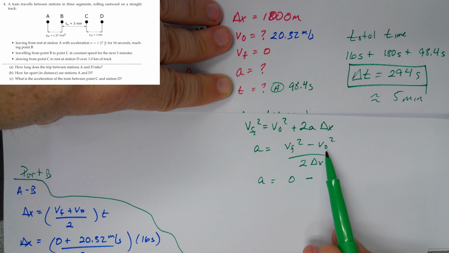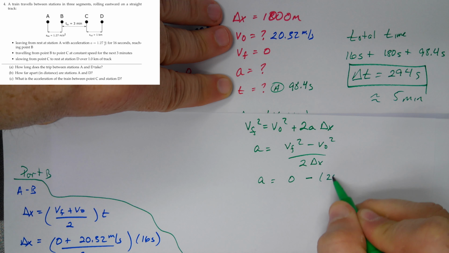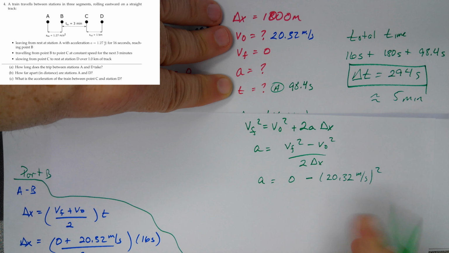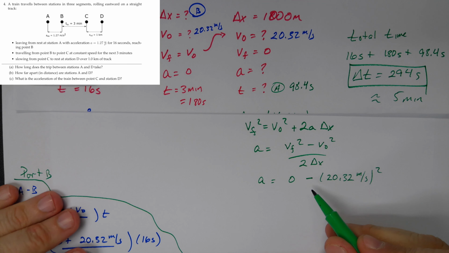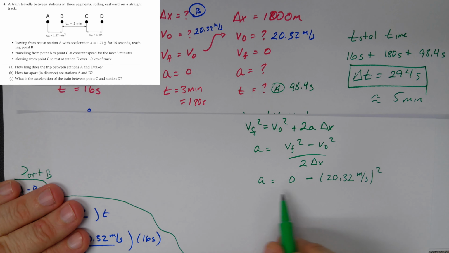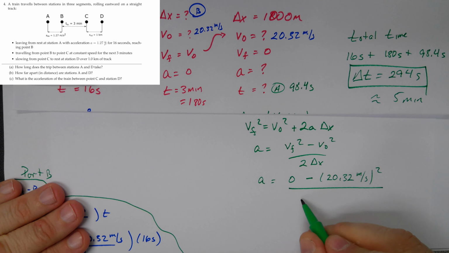When you square stuff, you should get a positive number out of it. So we'll have 20.32 meters per second squared. That's going to be positive. It's about 400. But that minus sign has to persist. Right? It's not in the square. It's outside of it. And the reason for that will be apparent in a minute.